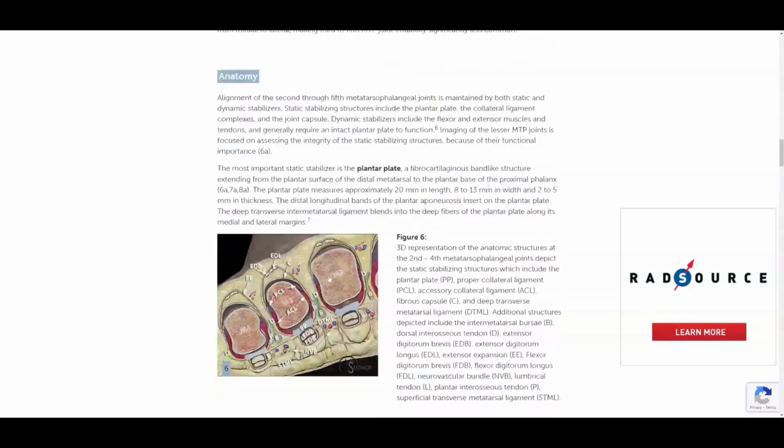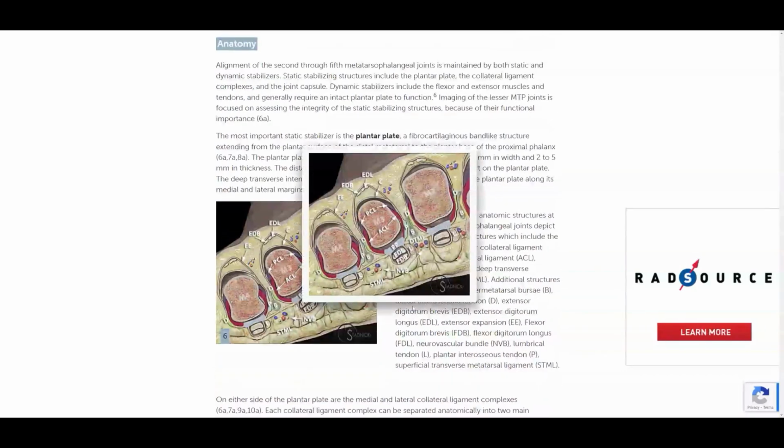So RadSource is wonderful, and I really think that the illustration here hits home that anatomy we talked about. If we looked at the third metatarsal head and we understood that deep to the head, there's that thickened plantar plate, relatively speaking, about 2 millimeters in thickness, about 2 centimeters in length, about 8 to 10 millimeters in width, connecting to the accessory collateral ligaments, which are invested superiorly, dorsally by the proper collateral ligaments.